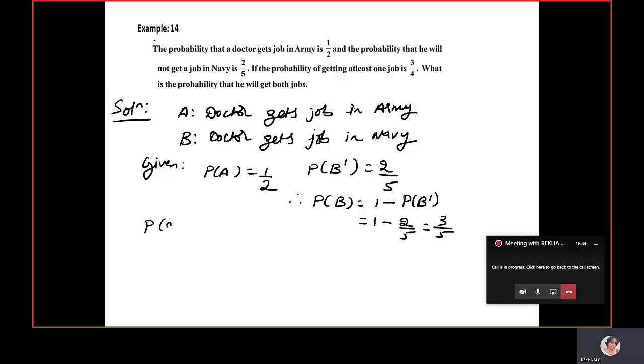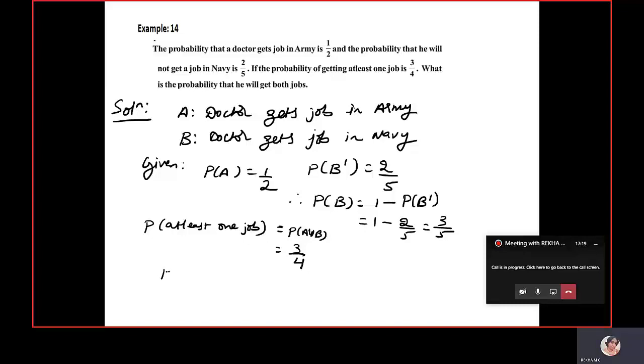So P of getting at least one job, that is equal to P of A union B. That is given, that is equal to 3 by 4.